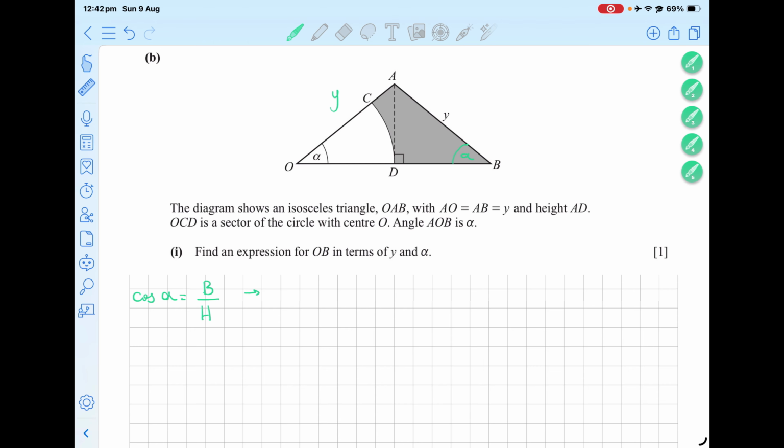So the base, which I think you guys call the adjacent, is going to be the hypotenuse, which is y cos alpha. As simple as that.